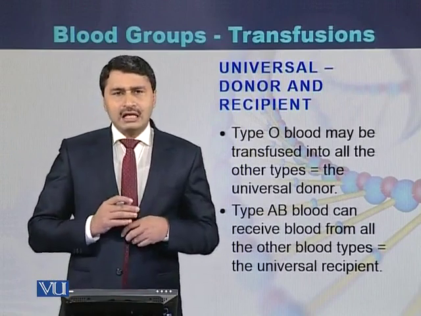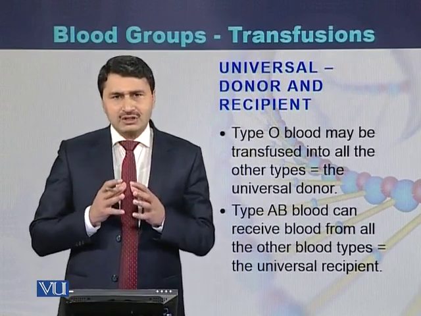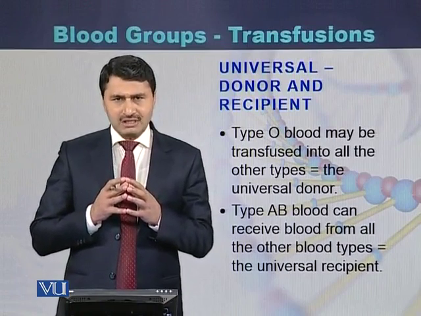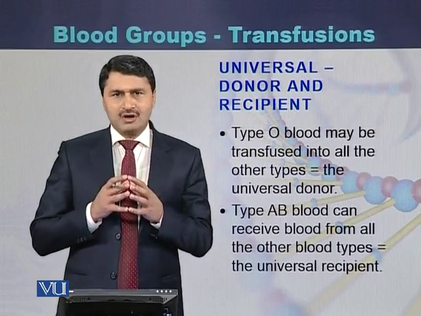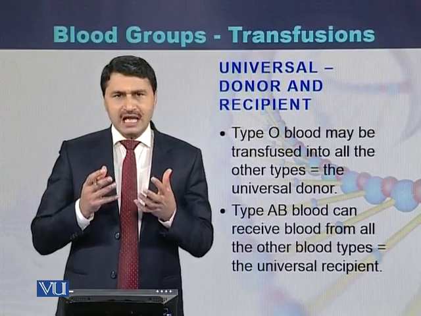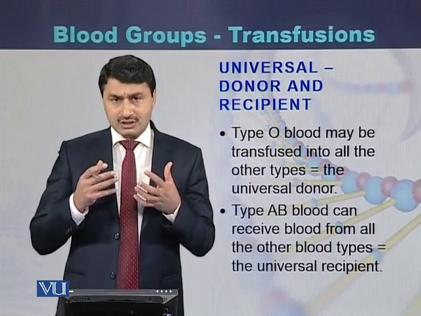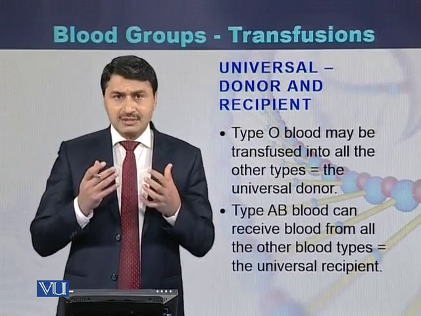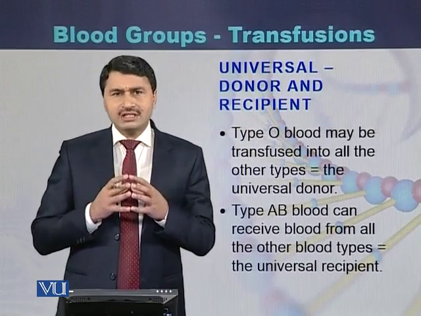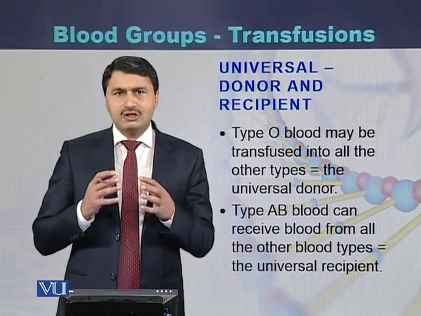Based on the types of alleles and the antigens present on the surface of the red blood cells, we can say that one type can be a universal donor and the second type is called a universal recipient. Blood group O is considered the universal donor.